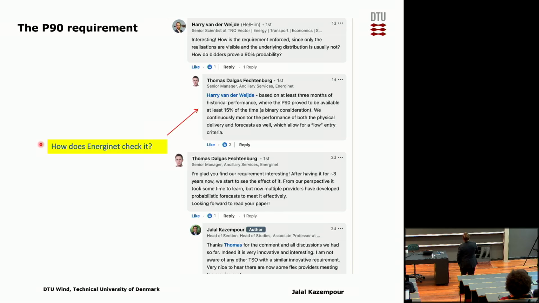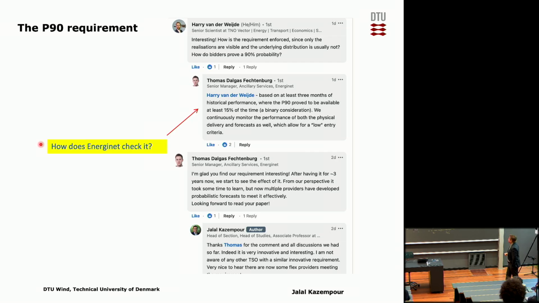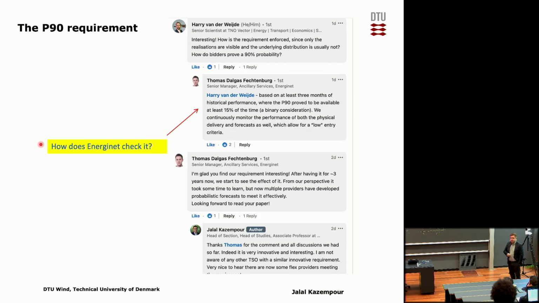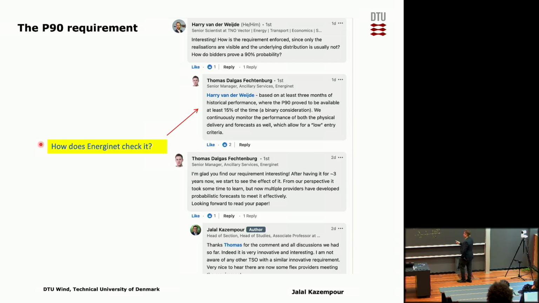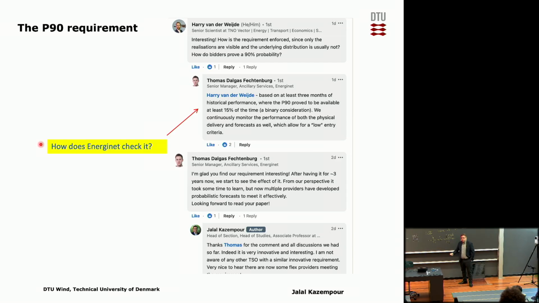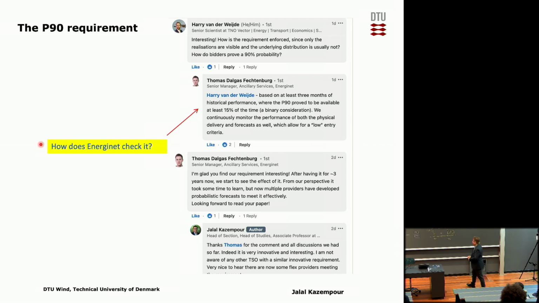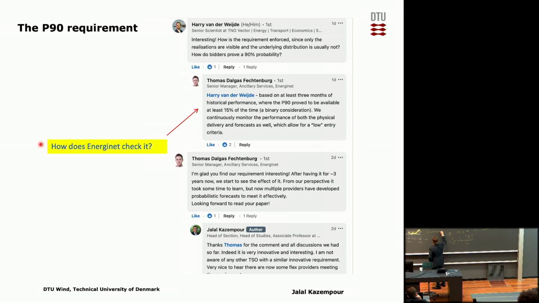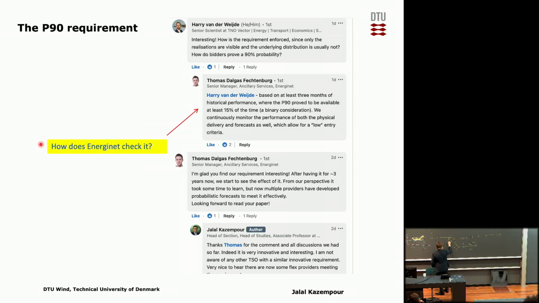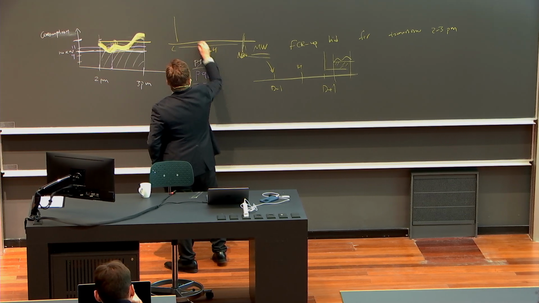And what Thomas from Energinet replied is that it's based on at least 3 months of historical performance. So Energinet doesn't check every hour, next day. No, it checks the last 3 months. For the last 3 months, what was your bid?